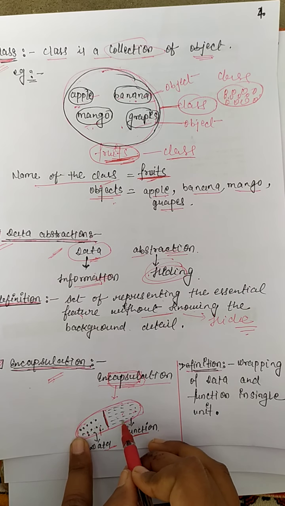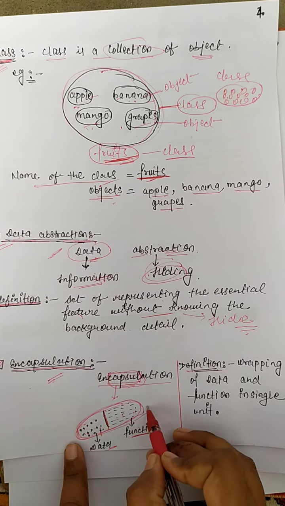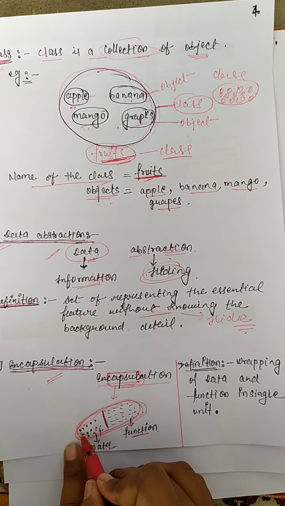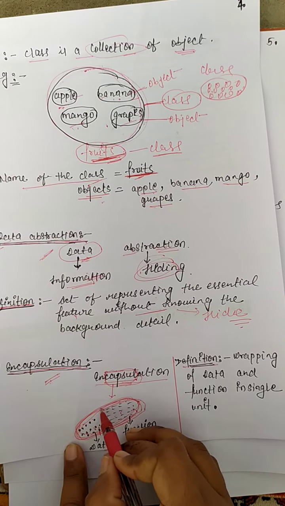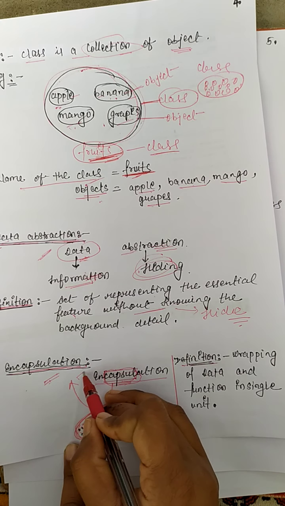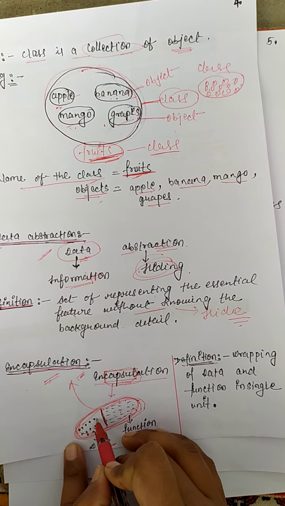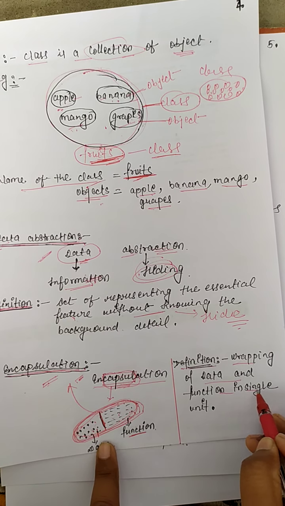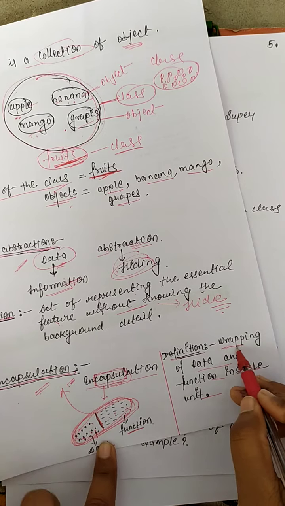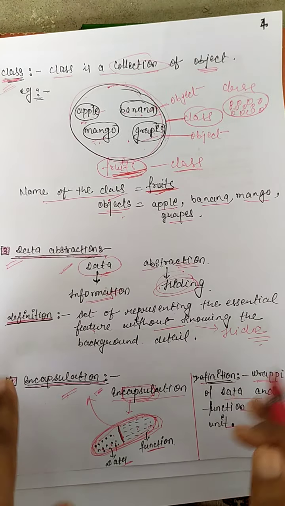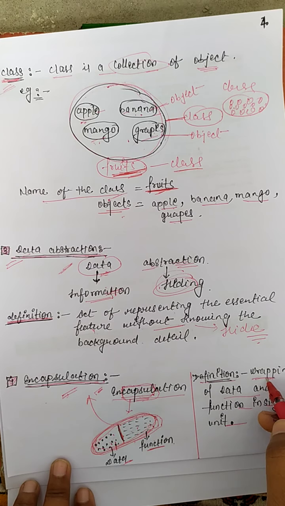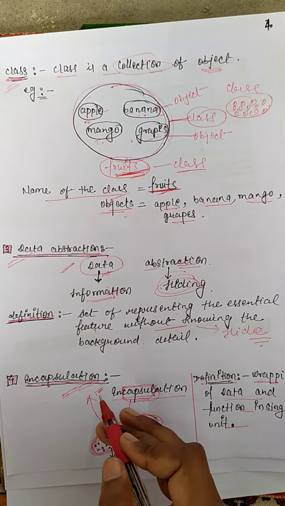When data and function combine in a single unit, that is called encapsulation. Definition: wrapping of data and function in a single unit. Wrapping means combination.